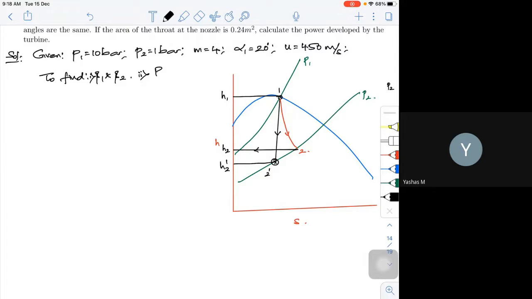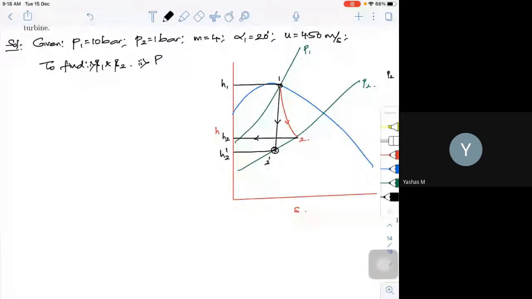Now, this being an isentropic expansion, this problem can be solved in a particular way, where I can go to the steam tables and get the values.